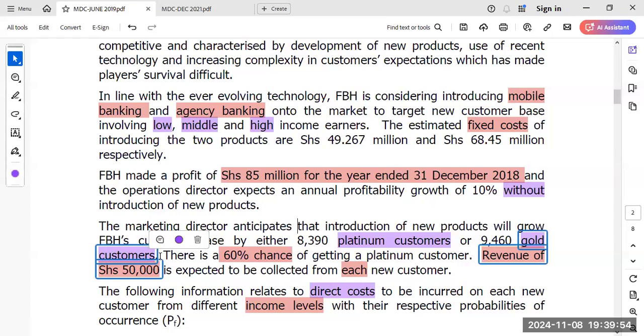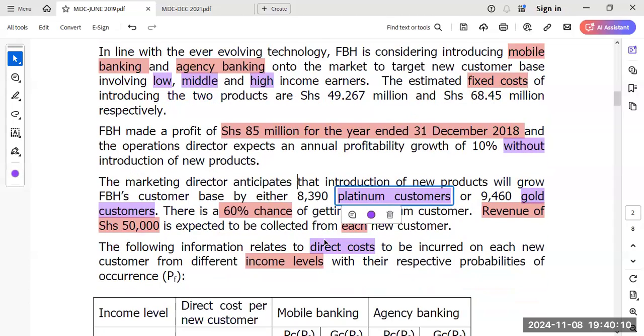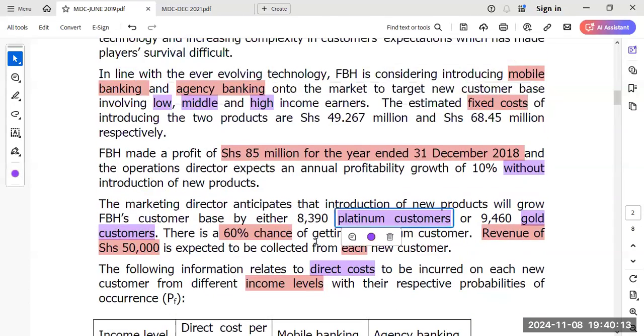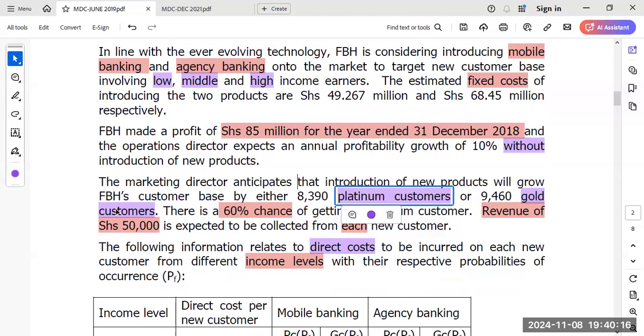The reason why you're given the number of customers is because you want to get the total revenue. To get total revenue, you get the number of customers times the selling price. Somewhere we are given revenue here. Revenue of shillings 50 million is expected to be collected from each new customer. So if you want to get total revenue, you get the number of customers times 50,000.